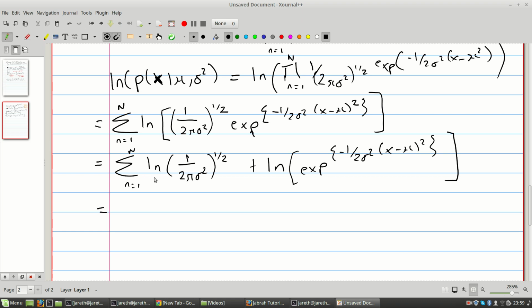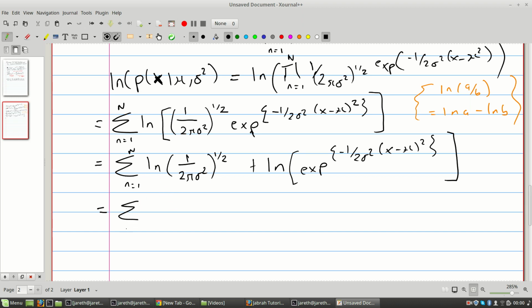The next step is simplifying this. So ln a over b is equal to ln a minus ln b. These are just logarithm rules, in case you're not familiar with them. So what do we have here?